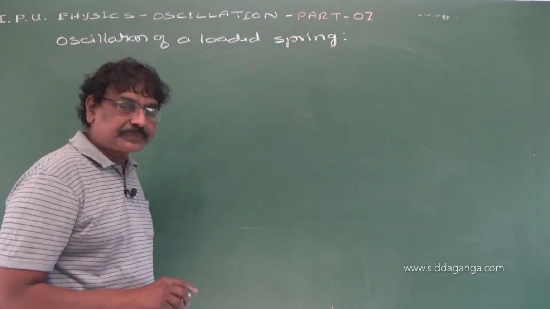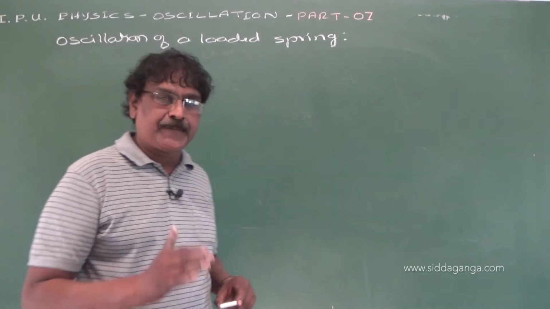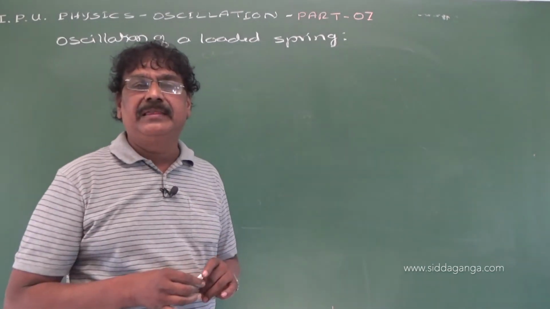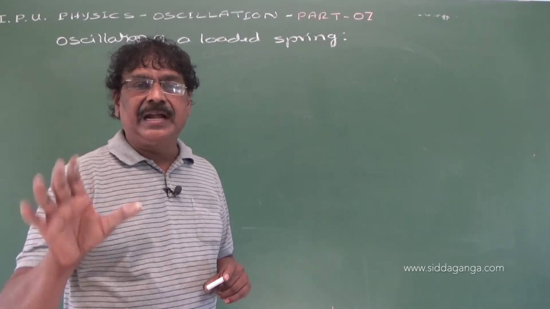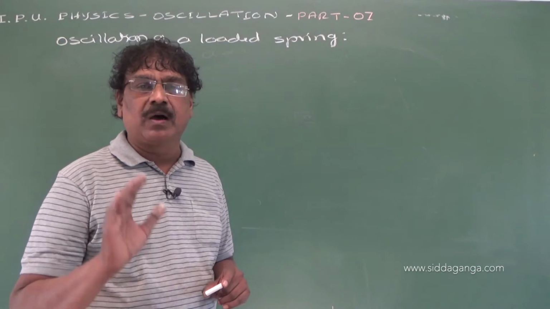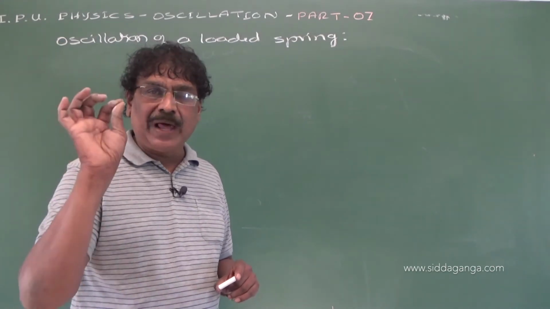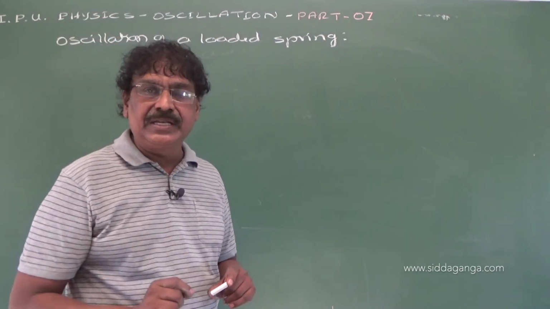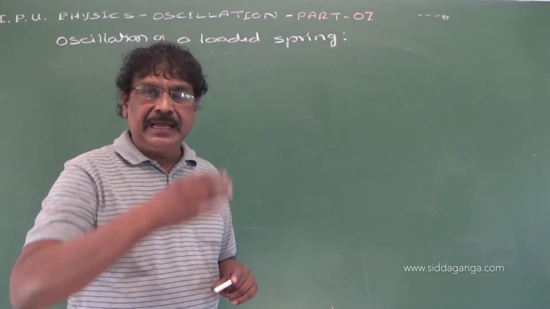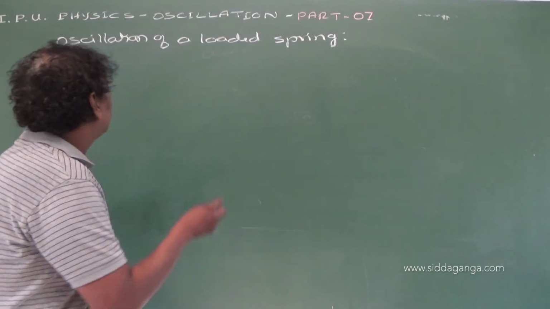Now, let us consider a spring of original length L and force constant or spring constant K, whose one end is attached to a rigid support, and it lies along the vertical direction, like this.